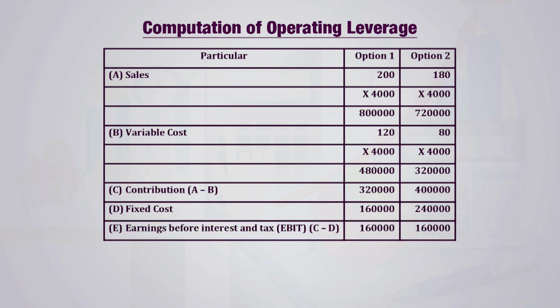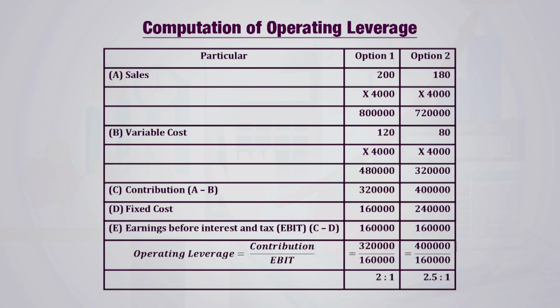Earning before interest and tax, that is EBIT, is calculated by C point minus D point. For option 1 it is 1,60,000 and for option 2 also it is 1,60,000. So the operating leverage can be calculated by contribution divided by EBIT.